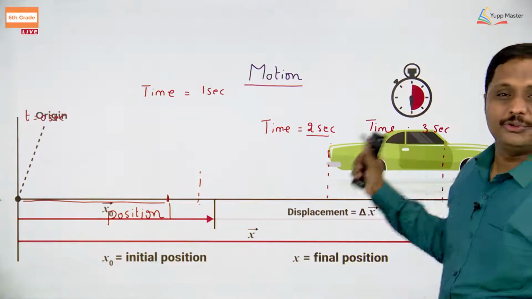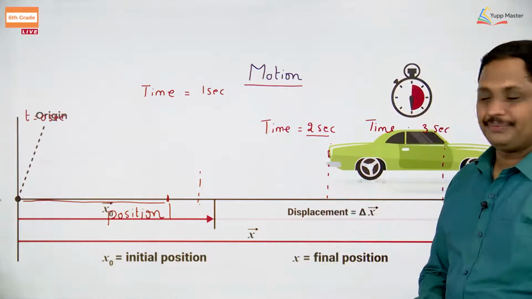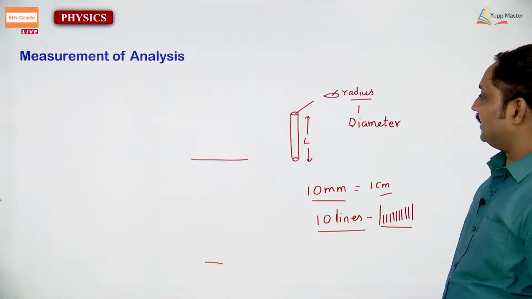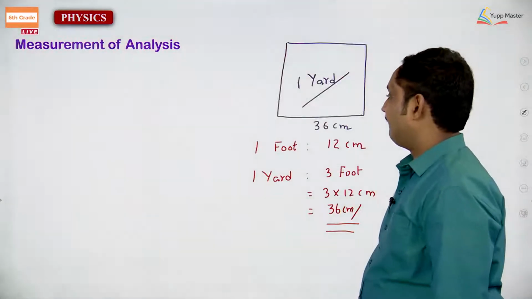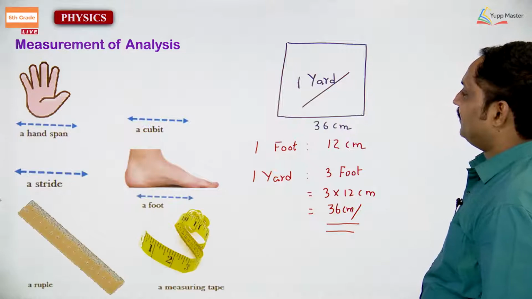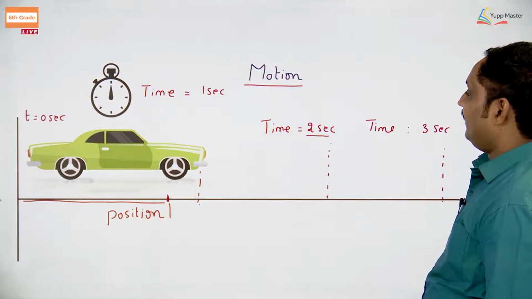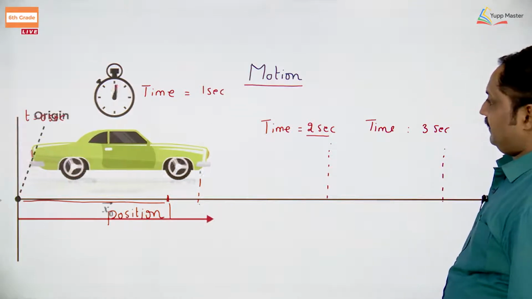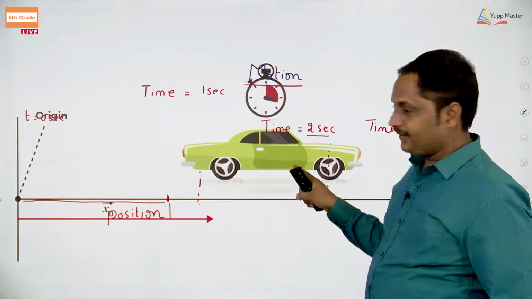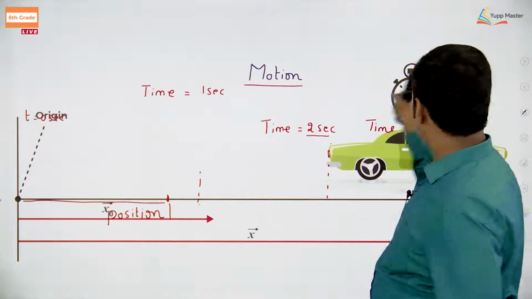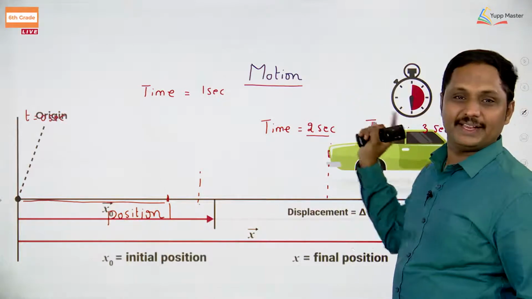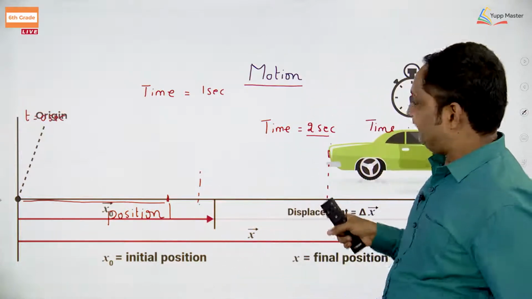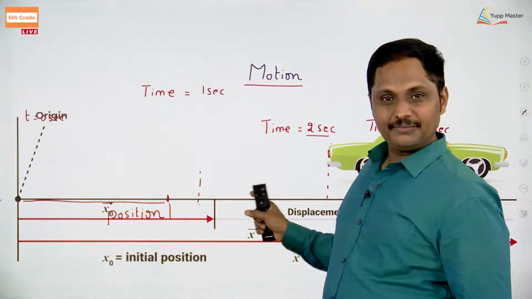So, what can you observe from this task? Initially, take 1 second. Yes, let us see, it is at a position. Yes, the car has been started. Time is also increasing. Time, what happened? It's 1 second, 2 second, 3 second. You can take the measurement of that length or distance, right?